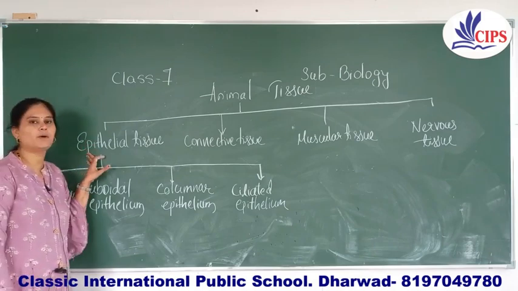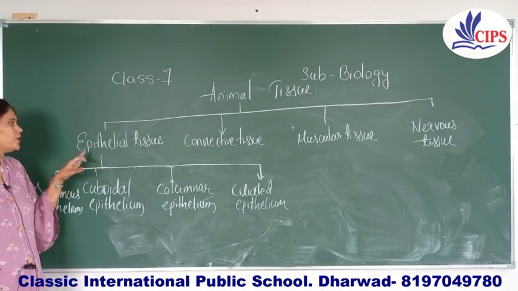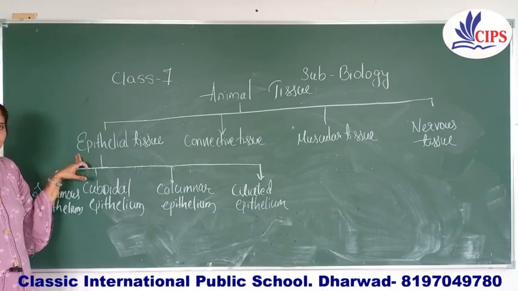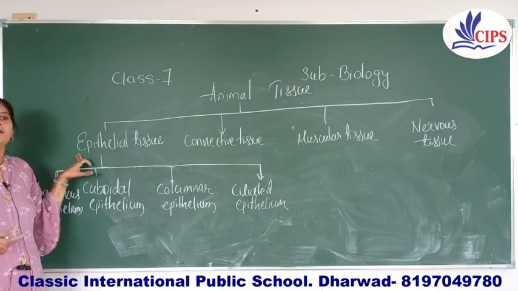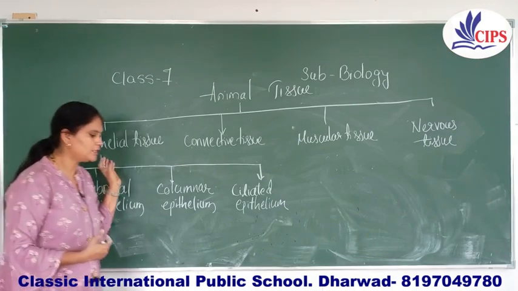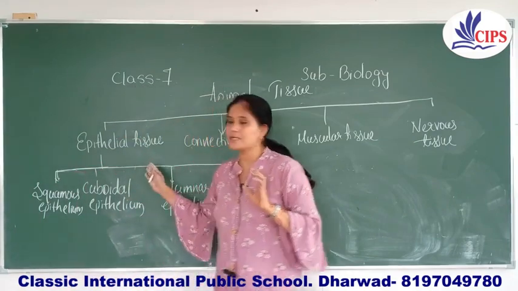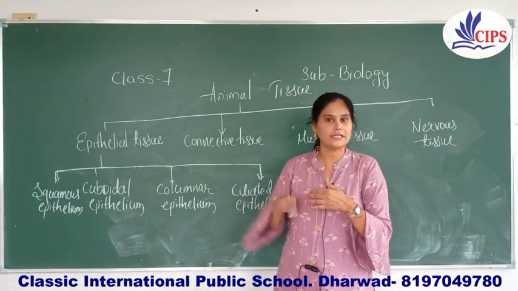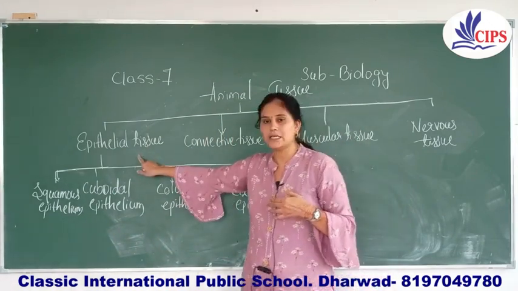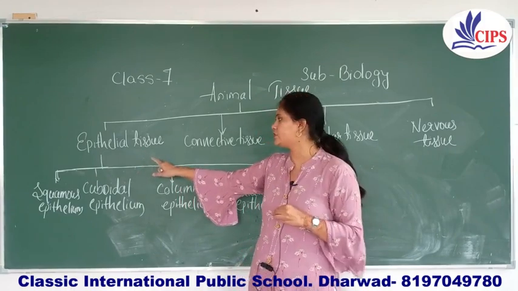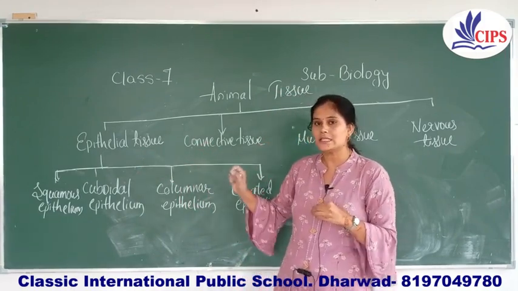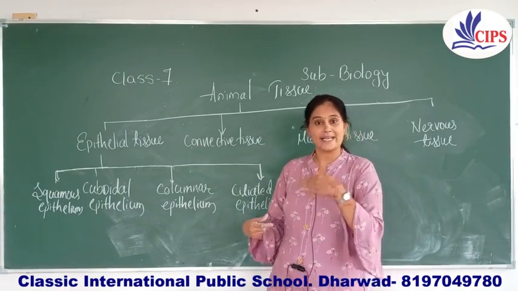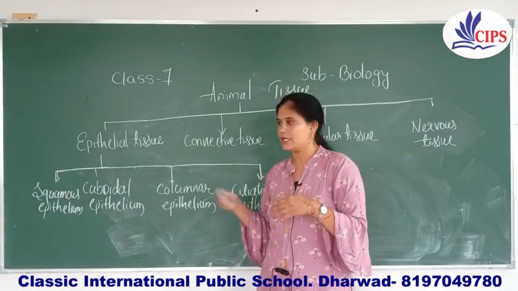Now first we will see the epithelial tissue. The general characteristic features of epithelial tissue: these tissues are generally present on the body surfaces, either externally or internally.